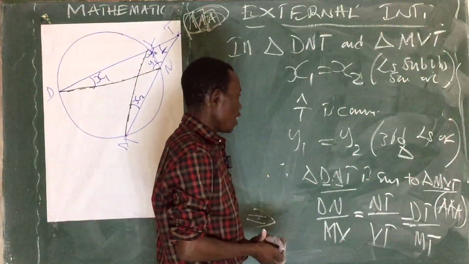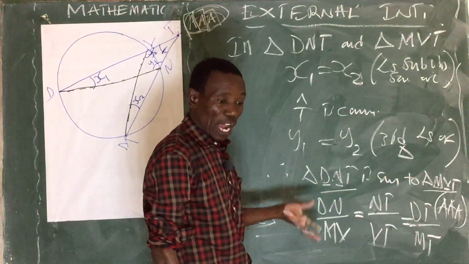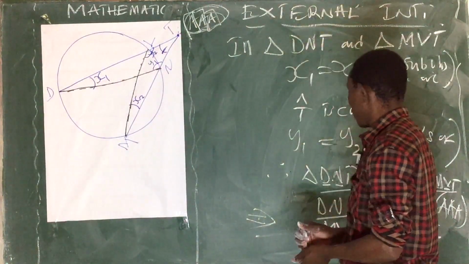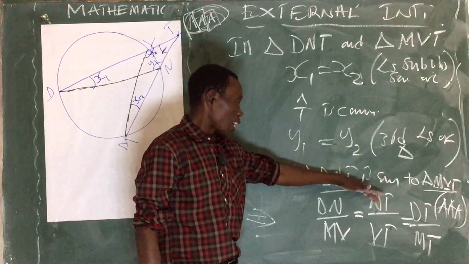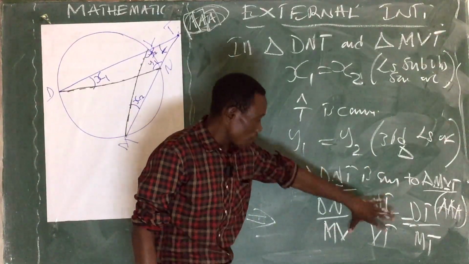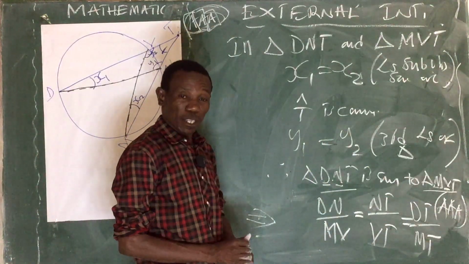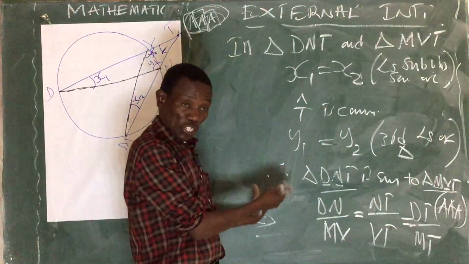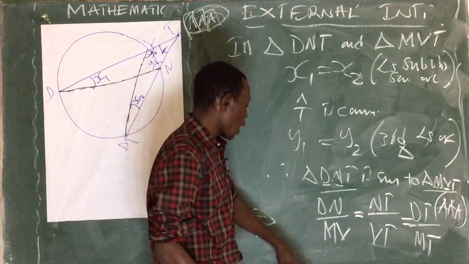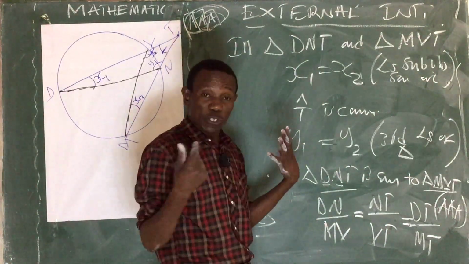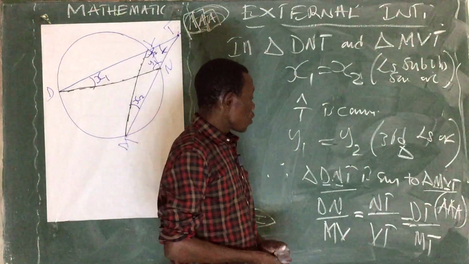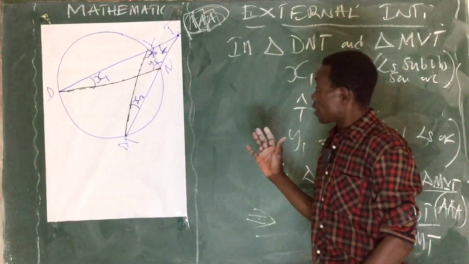Just as we did in the first property above, the chords intersecting each other. So now if the triangles are similar, then out of the three ratios which are equal to each other, we can obtain two ratios which also need to be equal. As far as this is equal to this is equal to that, any two ratios can be equal if we are interested in them. So here our target is to see the relationship.